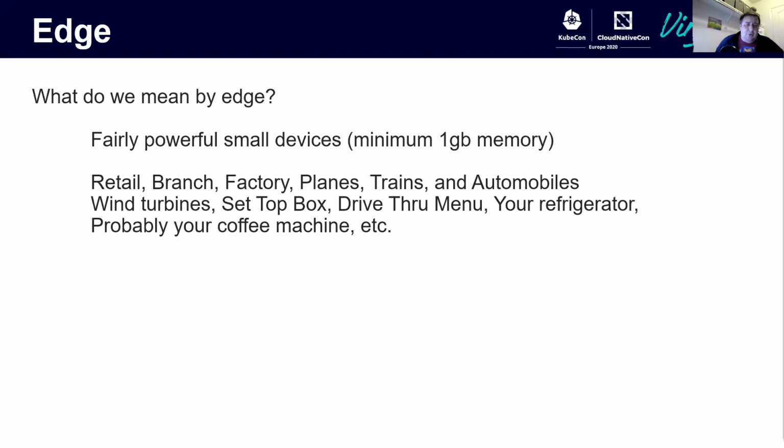Some really great devices is, oh crap, what is it? The Jetson Nano, the NVIDIA one. It's a really powerful, small device, has GPU built in. That's a perfect use case for K3s. So we're looking at smaller devices, but still fairly powerful. We can't go super, super small.